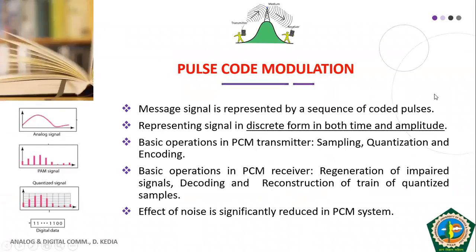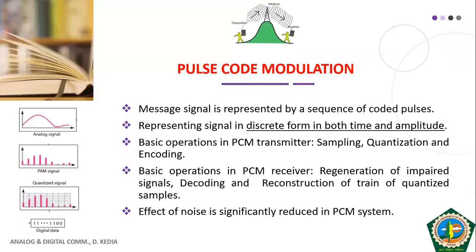So, dear students, obviously for any modulation technique, our starting point is our information signal or the message signal, because our prime objective is to transmit the information signal from one place to another place. And we know that in pulse related modulation techniques, our message signal is transmitted with the help of pulses.